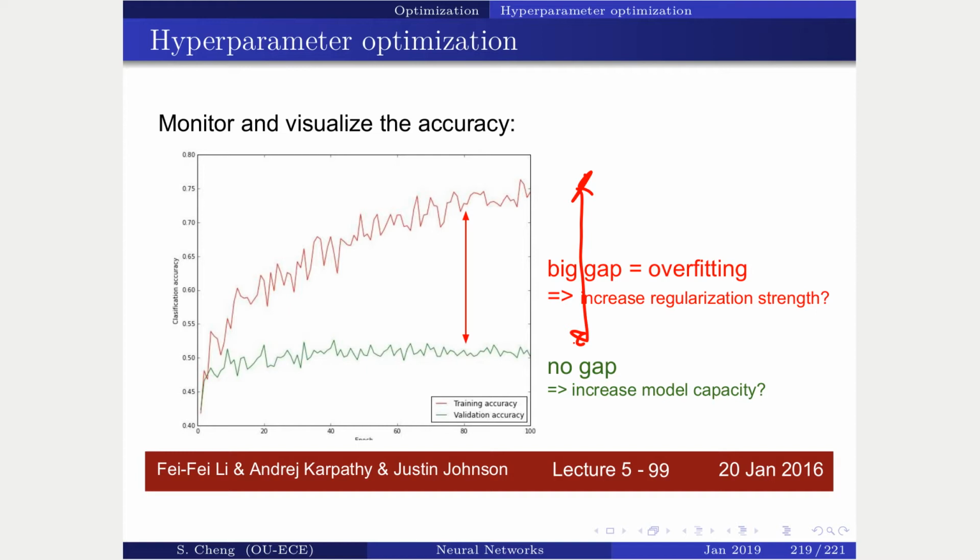If you think in terms of variance and bias, most likely this one is high variance or high bias? Looks like high variance, right?